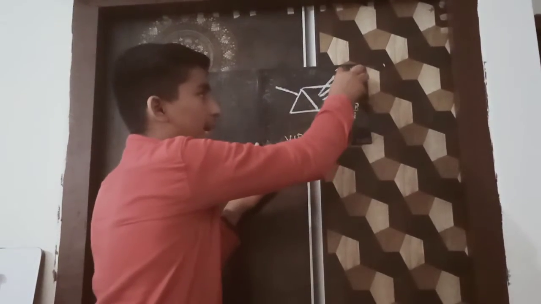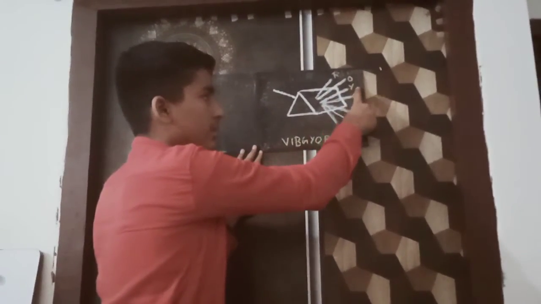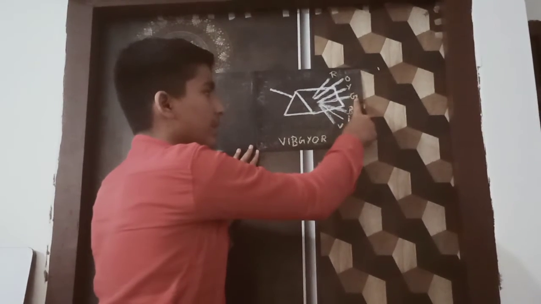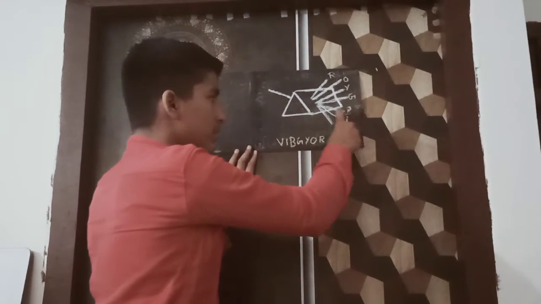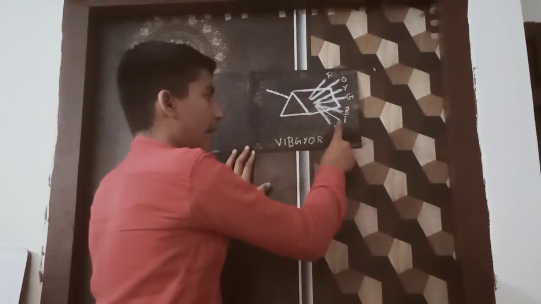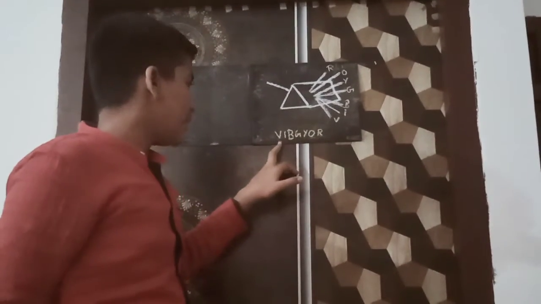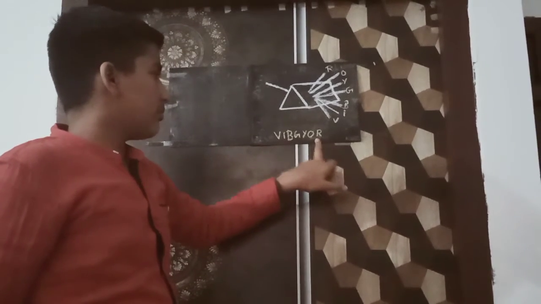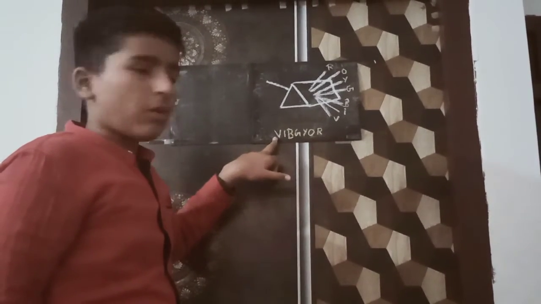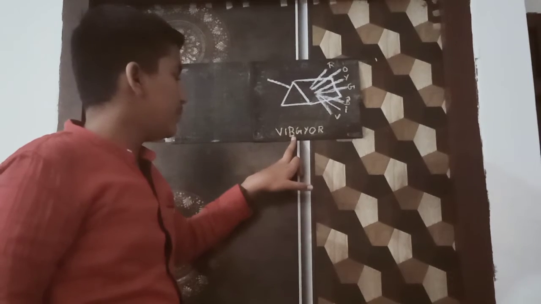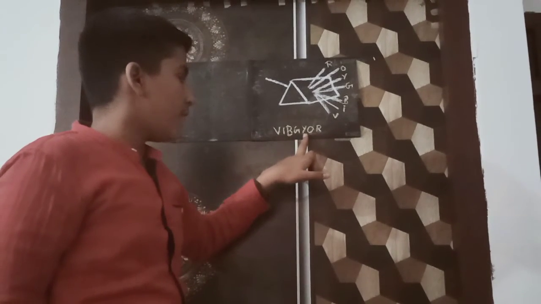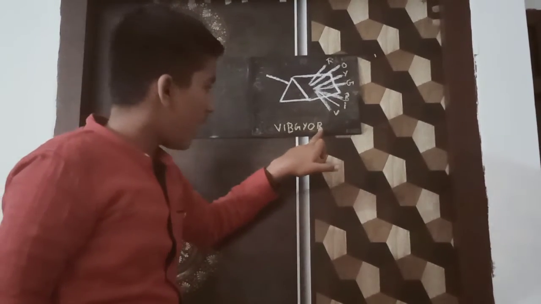First color is red, second orange, third yellow, fourth green, fifth blue, sixth indigo, and seventh violet. We can remember this by the word VIBGYOR. V for violet, I for indigo, B for blue, G for green, Y for yellow, O for orange, R for red.